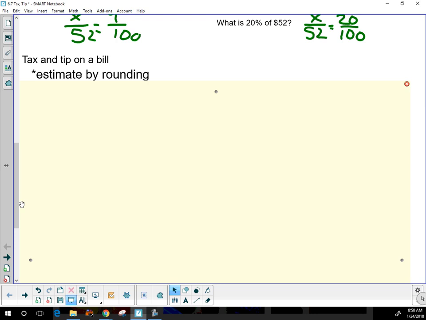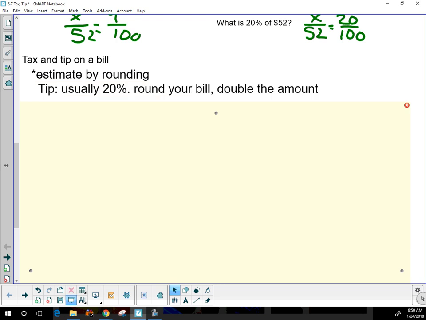Again, tax in Lafayette is about 9%. So if you want to estimate, you can do it by rounding, certainly. Tip is usually 20%. You can round your bill. Again, if it was $52, I might think $50, and then just kind of round up a little bit, just so I'm not too stingy.